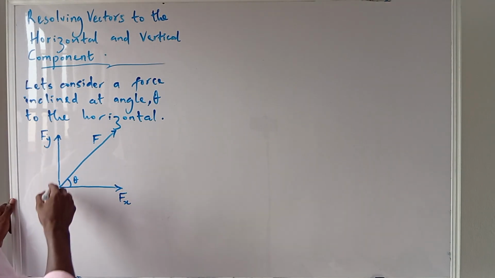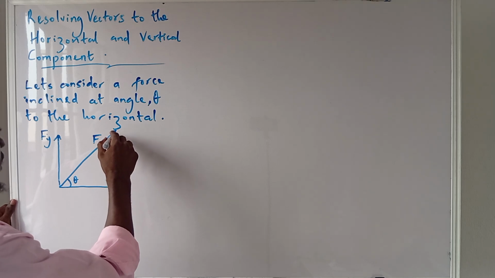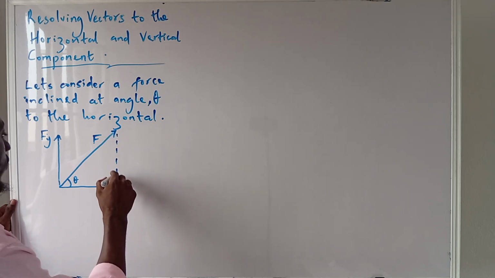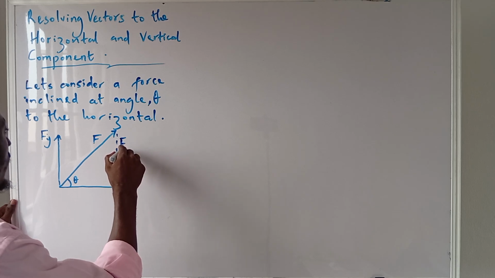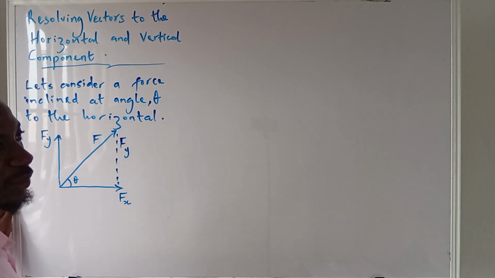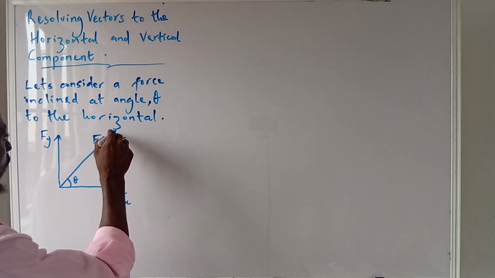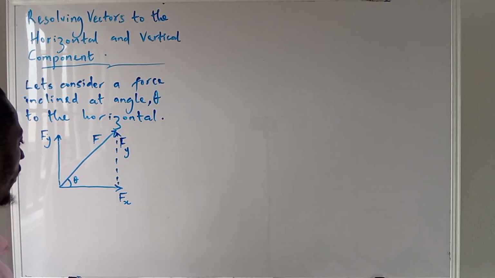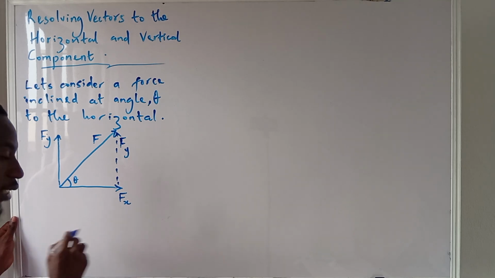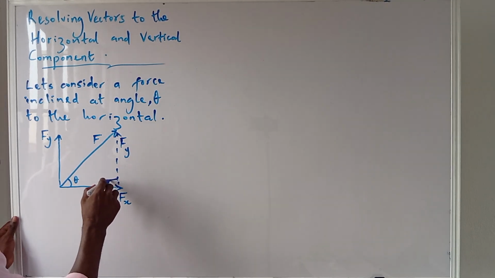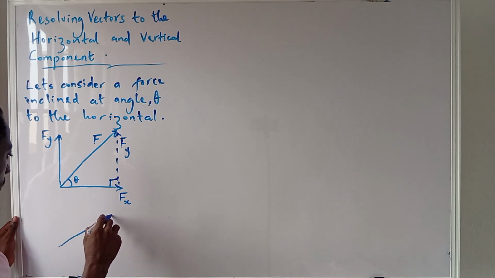This Fy, the vertical component of this force, can also be represented here. And you are still going to have the same magnitude and direction. So it's still going to be pointing upward. Therefore, in the long run, we are going to have this type of triangle, a right angle triangle looking like this.